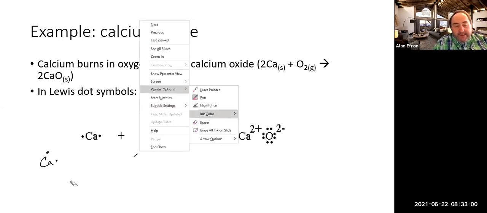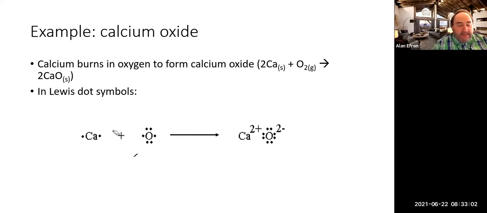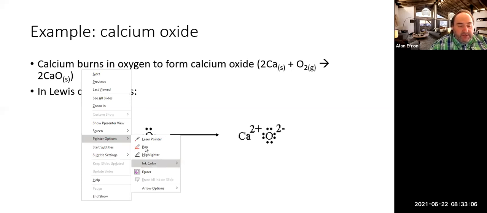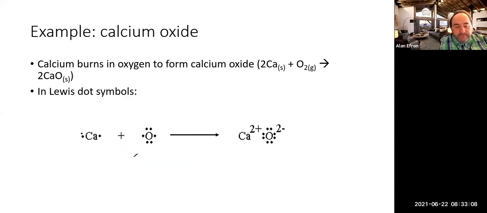So what's going to happen in this particular case is our calcium will basically give up some electrons. But let's think about what happens with calcium. Let's think about the periodic table, if you will. We have calcium here, potassium here, and then the next noble gas that goes before it is argon.